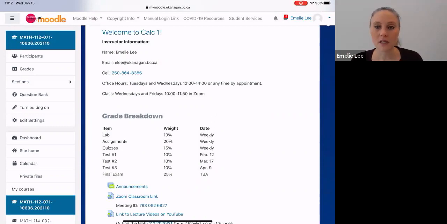For assignments, they will be in Webassign. So what happened yesterday, I set up my Webassign for my pre-calculus course, and for some reason, something happened. It wasn't working. People weren't able to log in, so I had to contact Webassign, and I just got word this morning that they fixed it.